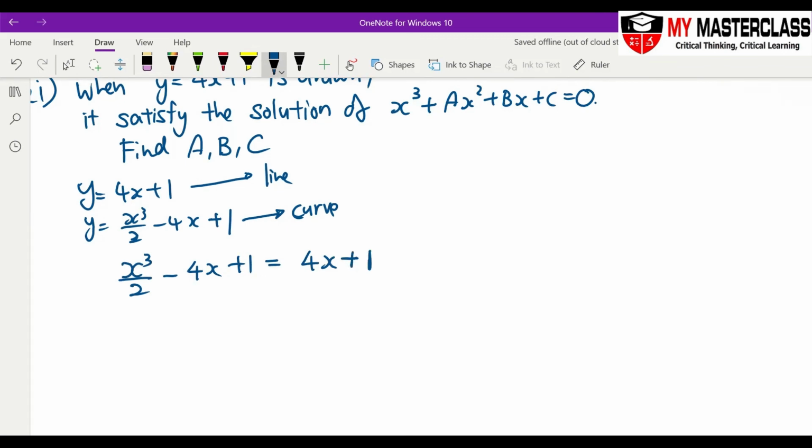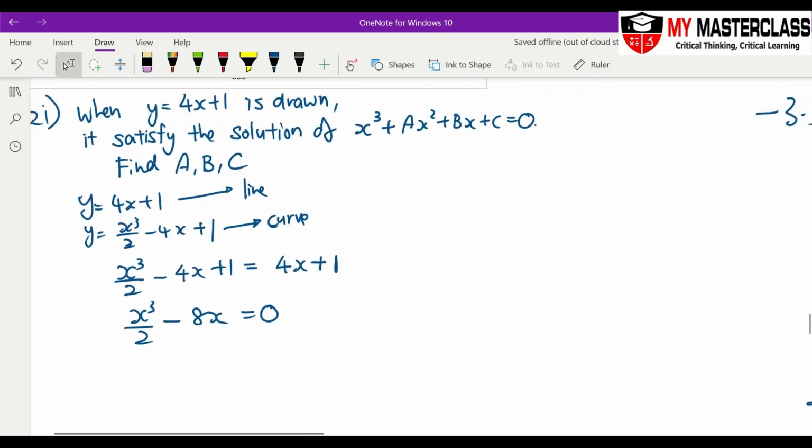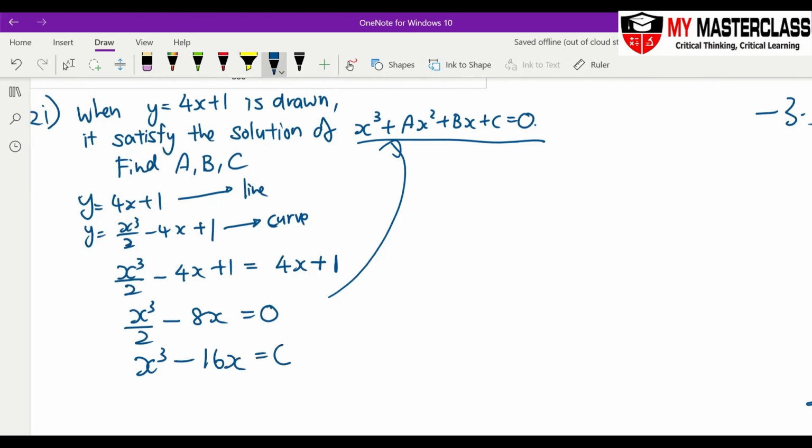Okay, I bring everything over to the left side. x cubed over 2 minus 8x equals 0. But they say that the solution is x cubed, not x cubed over 2, so I times 2. x cubed minus 16x equals 0. Okay, so what does this mean?